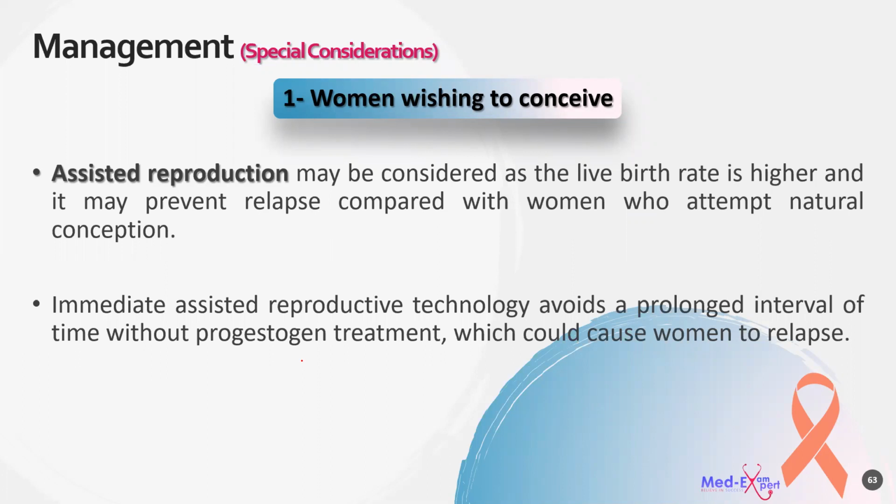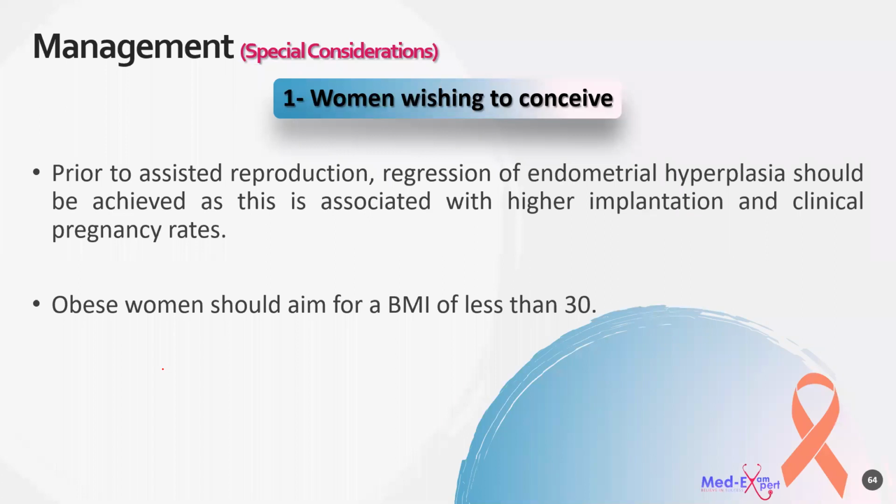So once the woman achieves one negative endometrial biopsy, you have to refer her to a fertility specialist to undergo assisted reproduction. Also, regression is very important because this will be associated with higher implantation and clinical pregnancy rates.